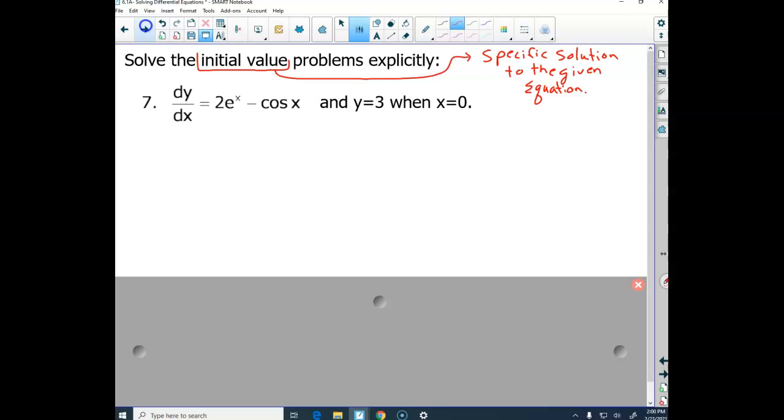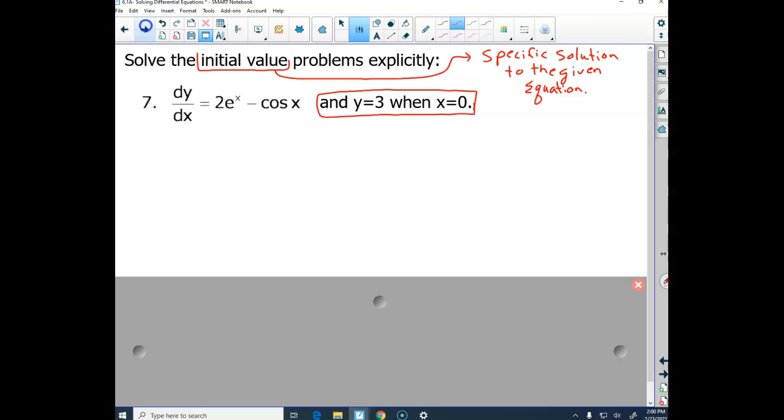Okay, the specific, because they gave me an initial condition. They gave me a condition that it has to meet. And of all those infinite functions shifted up and down c units, only one of those c values is going to go through this point.